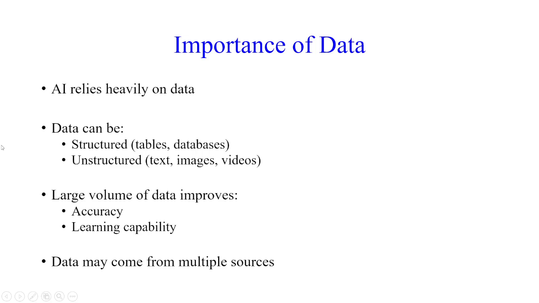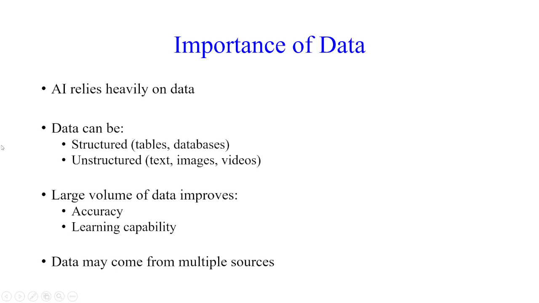A large volume of data improves the accuracy and learning capability. When I say accuracy, the more examples an AI system sees, the better it learns the pattern out of it.